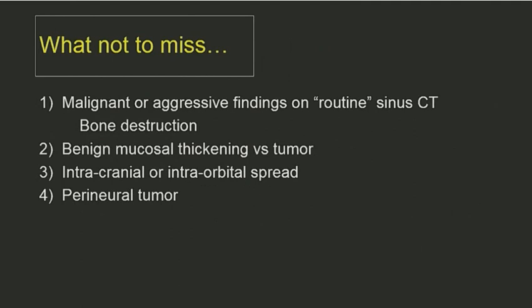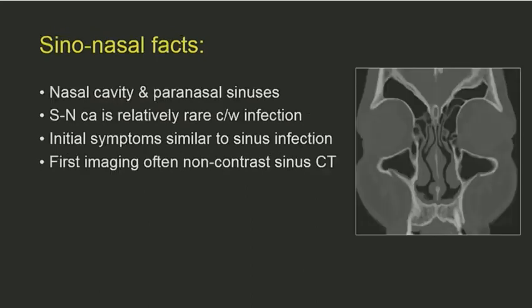The first is those malignant or aggressive findings that may suggest something more aggressive or malignant. Virtually all the cases that I'm showing here were missed. These were all misses, all called sinusitis.